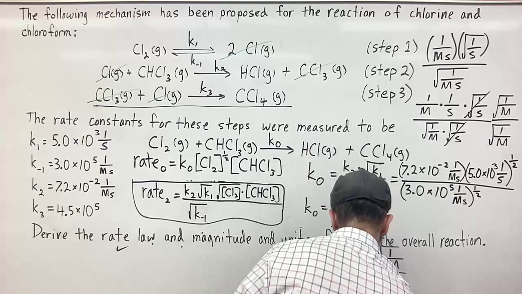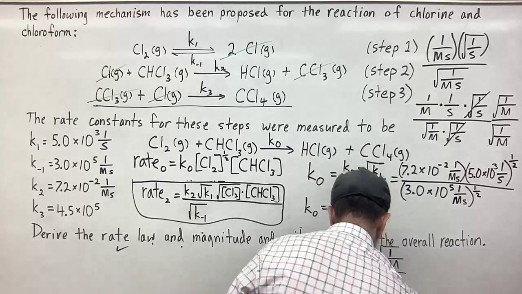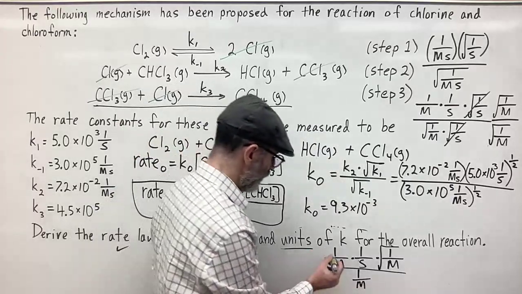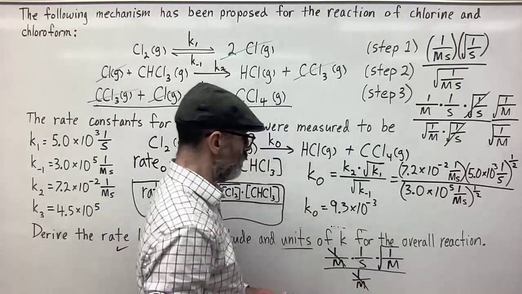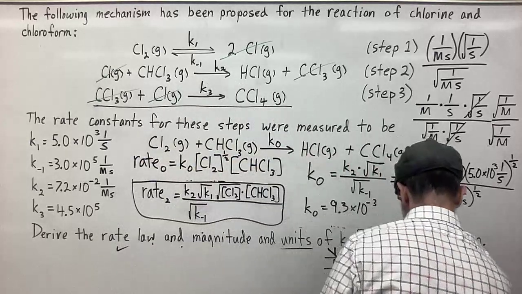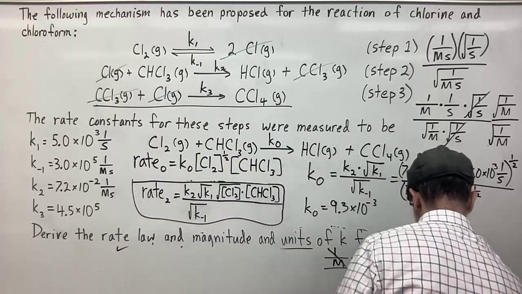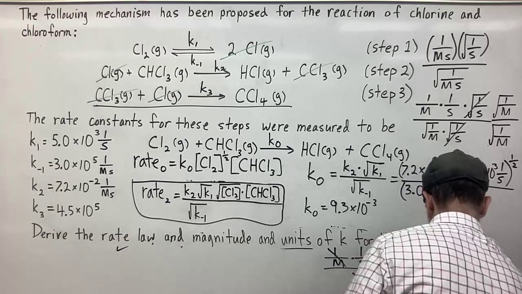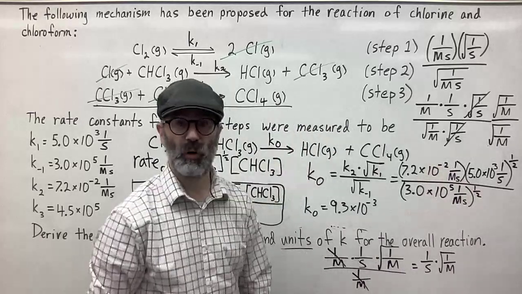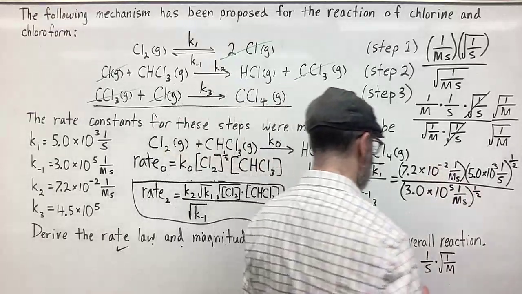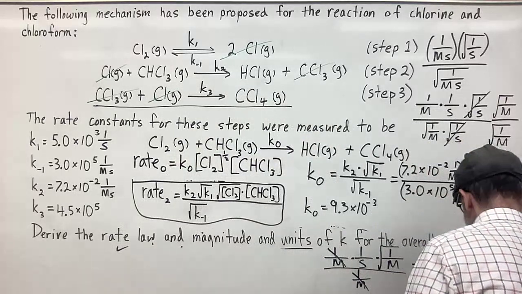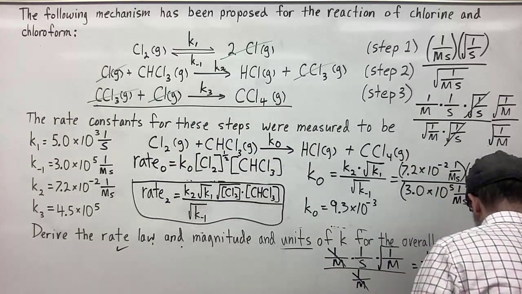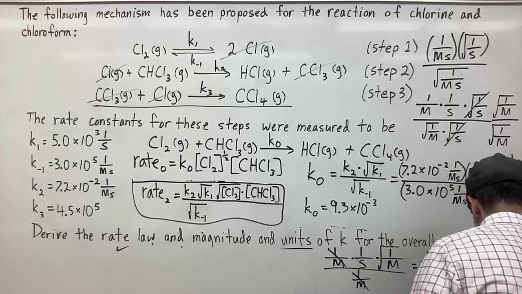So now I have 1 over m on top and 1 over m on the bottom. Now that can cancel out. So this is going to be equal to 1 over seconds times the square root of 1 over m. Well, what is that? That's equal to 1 over seconds times 1 over the square root of molarity.